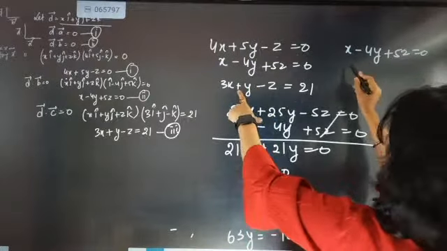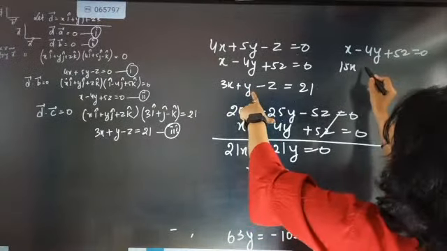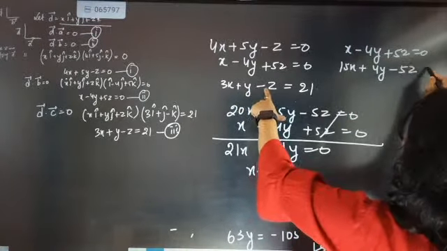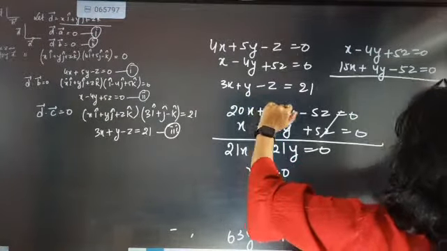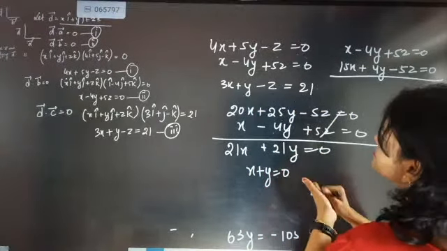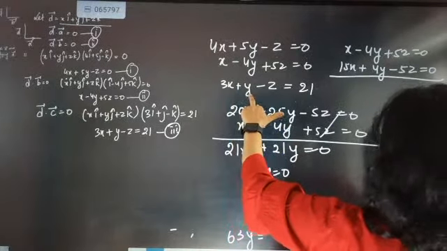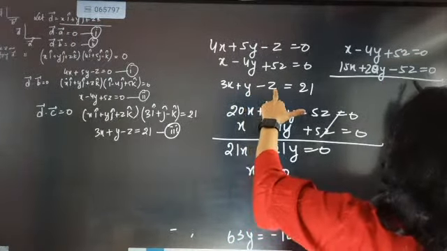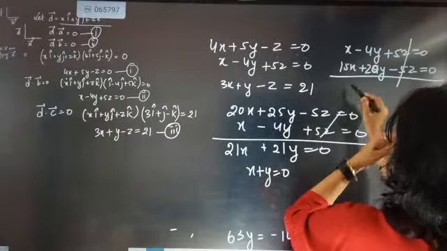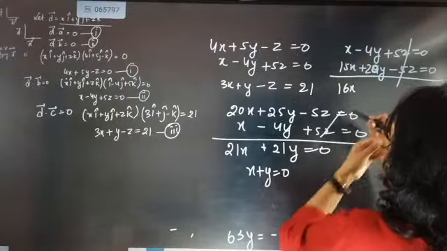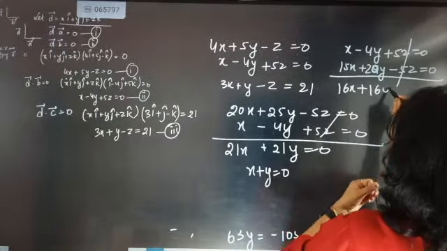And then 5 3s are 15x plus 5 4s are 20y minus 5z. Gone. So 16x plus 16y equal to 0.